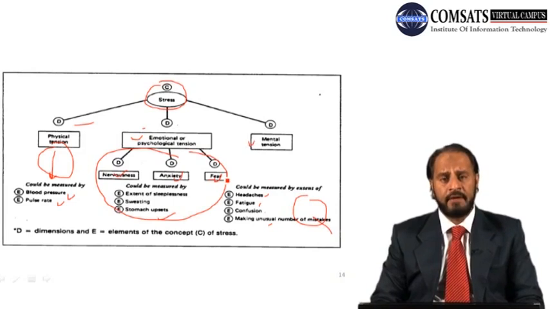So while measuring, you could just ask a very straightforward question, do you feel stress at your job? But a real true measure of stress would require you to find information on the physical tension level, that is, the blood pressure and pulse rate. You need information on the emotional, psychological tension, that is the nervousness level, the anxiety level, the fear level of that individual, and the mental tension would need to be measured as well, to really measure the stress of an individual.